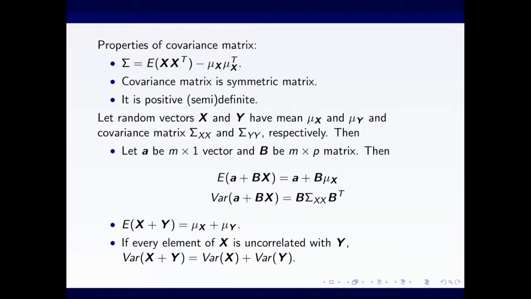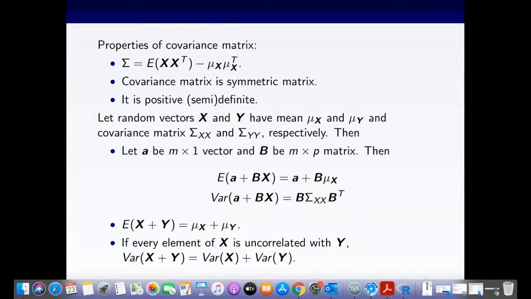And then the covariance matrix is a symmetric matrix. This fact is very clear because if you look at the covariance between two variables and just interchange the order of the two variables, it should be the same.